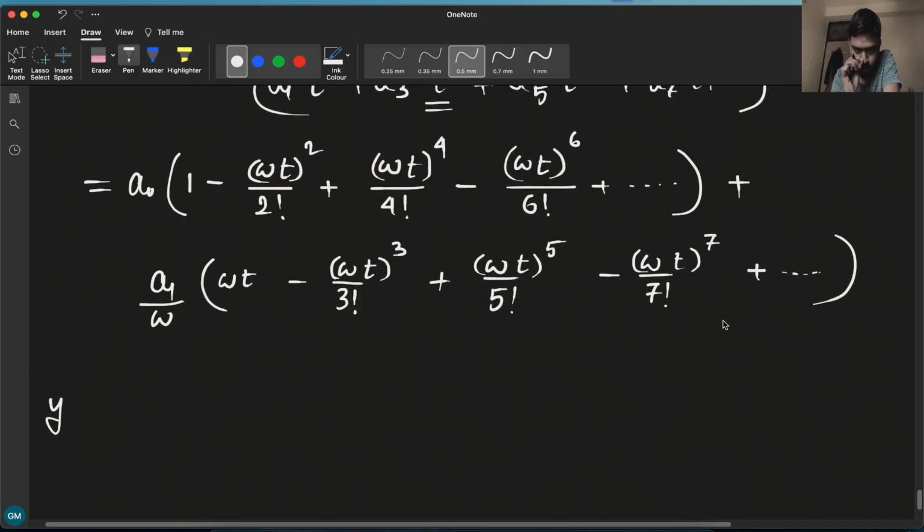Great. So then our solution will be a0 times 1 minus (omega t) square by 2 factorial plus dot dot dot.